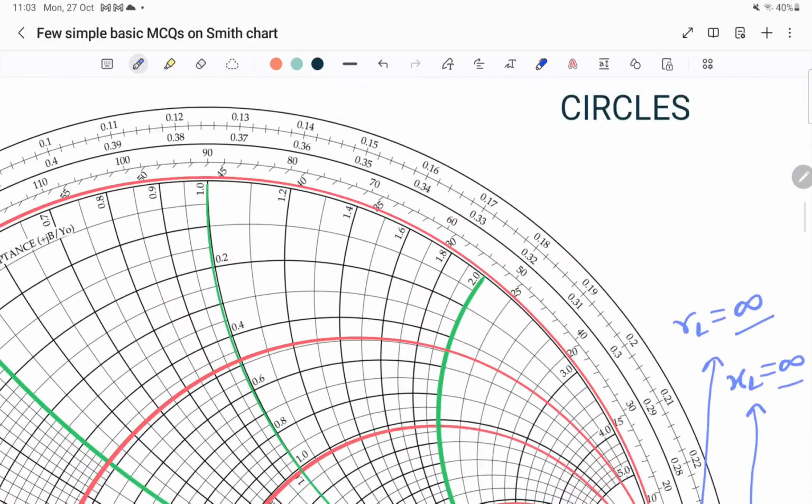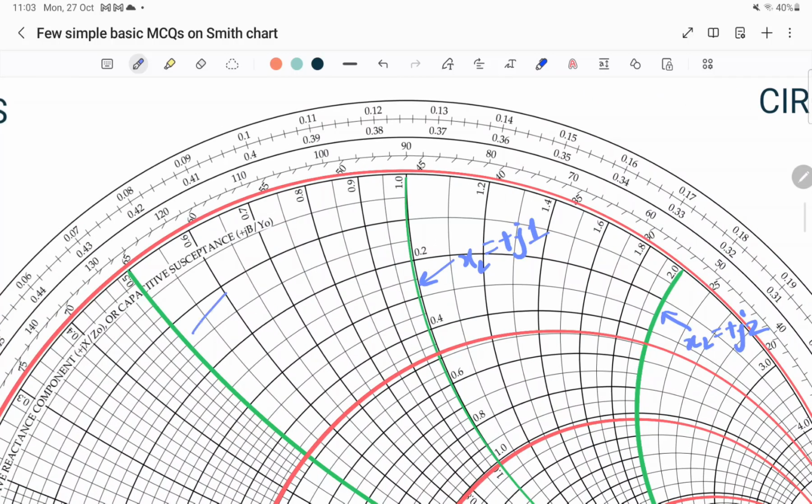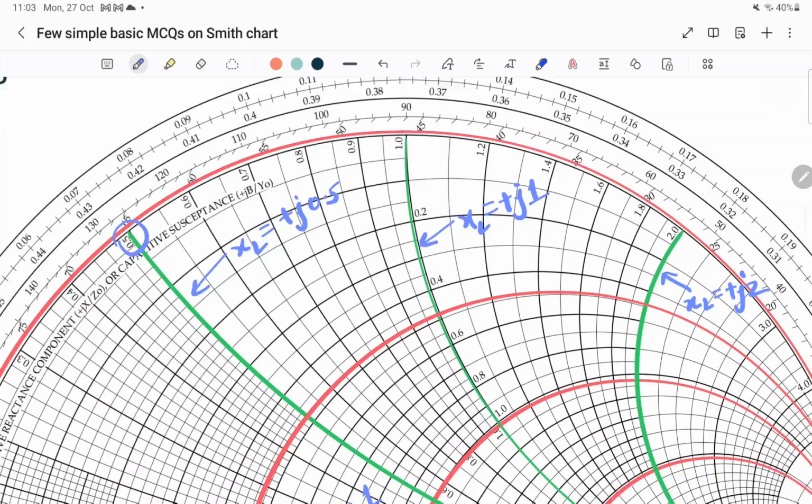Similarly, in case of inductance also, this circle is the locus of XL equals plus j2, this is the locus of XL equals plus j1, and this is the locus of XL equals plus j0.5. Why 0.5? Because it is passing through the 0.5 value.